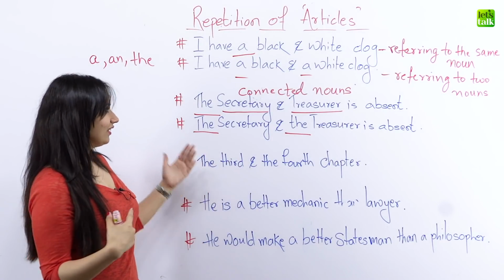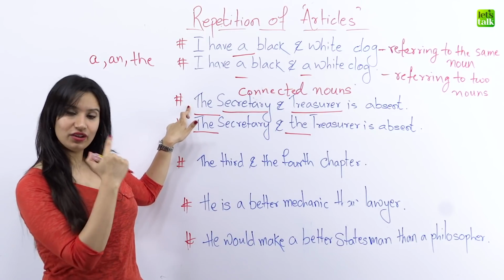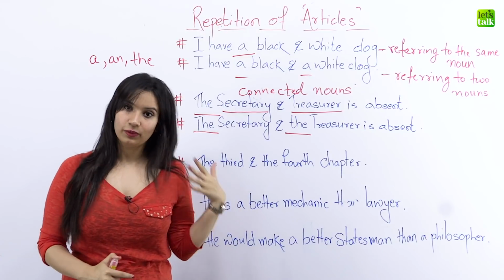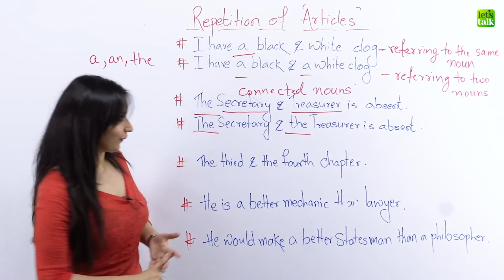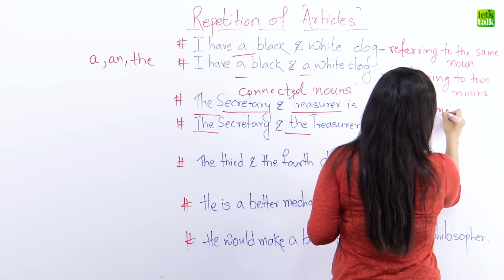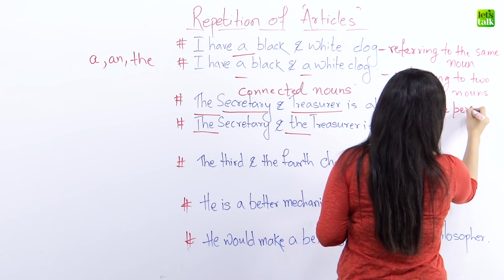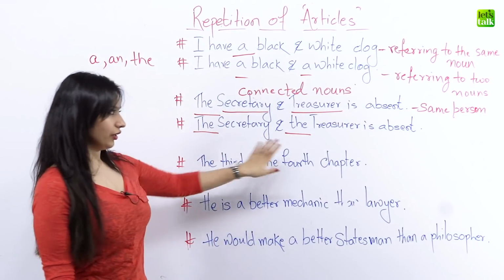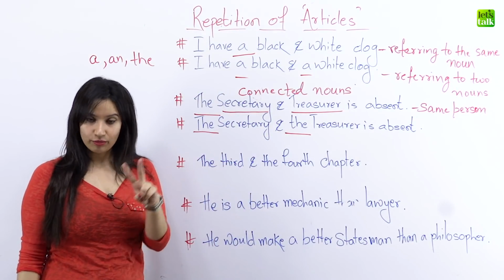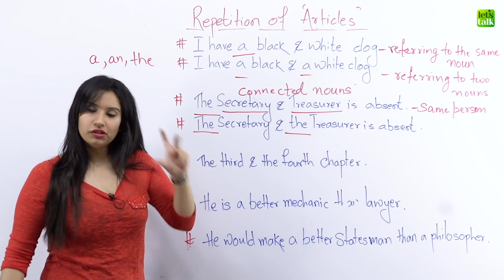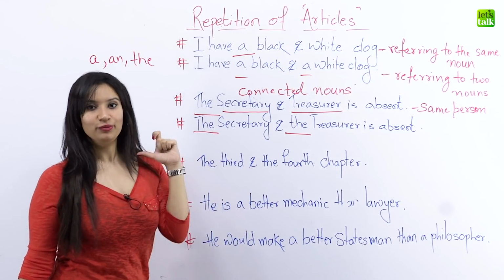So as you can see, we use the article once before two connected nouns when we are referring to the same person, okay? Same person. But we use the article "the" twice before connected nouns when we refer to two different people at two different positions.